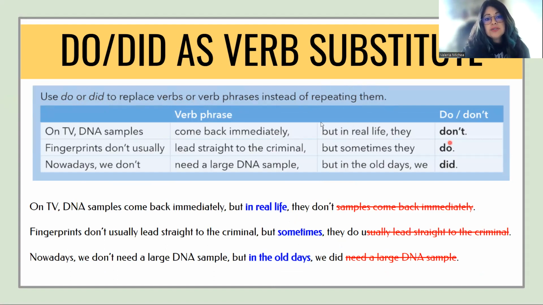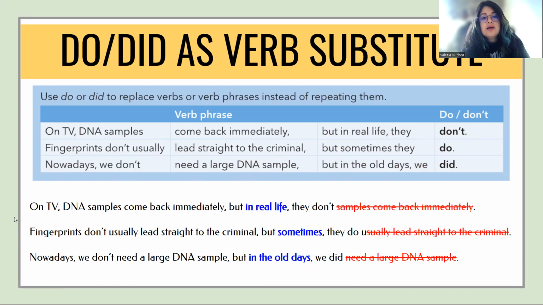These are the examples that we had on the book, and we're going to read them. On TV, DNA samples come back immediately, but in real life, they don't. Fingerprints don't usually lead straight to the criminal, but sometimes they do. Nowadays, we don't need a large DNA sample, but in the old days, we did.